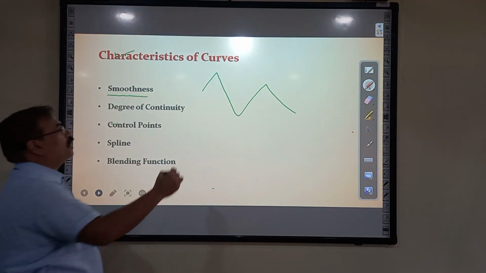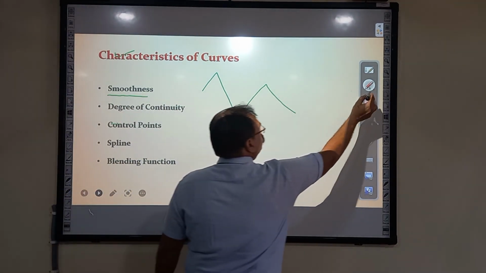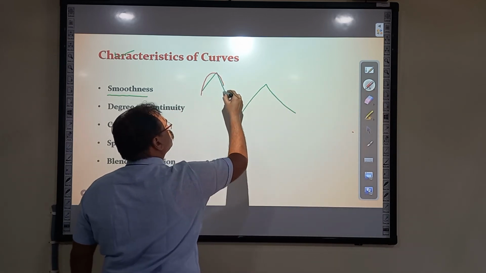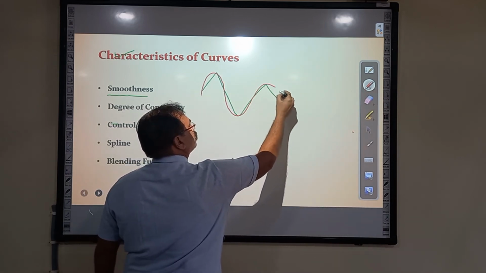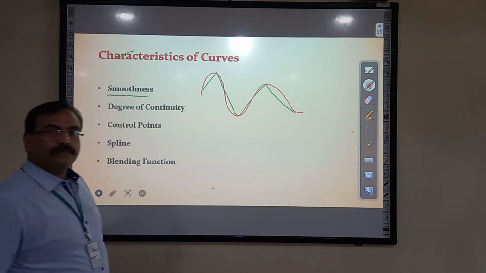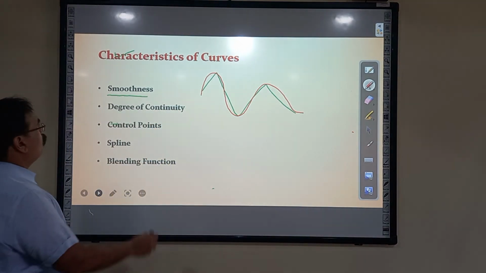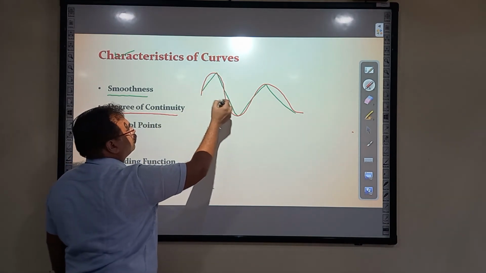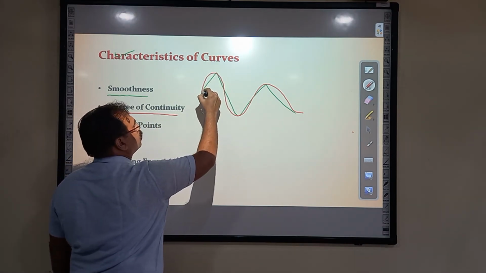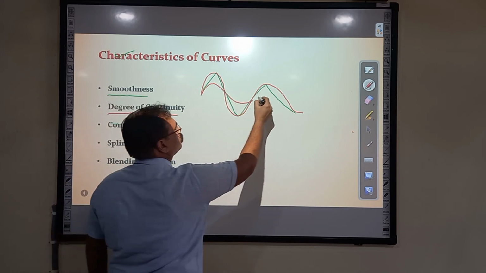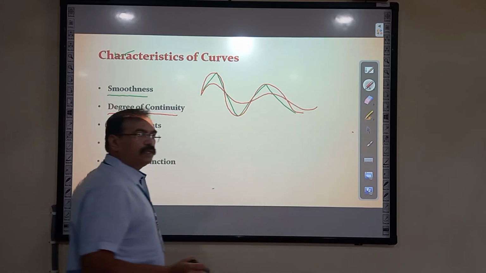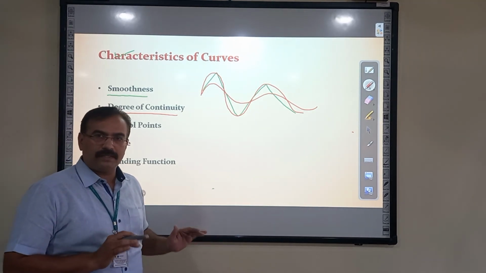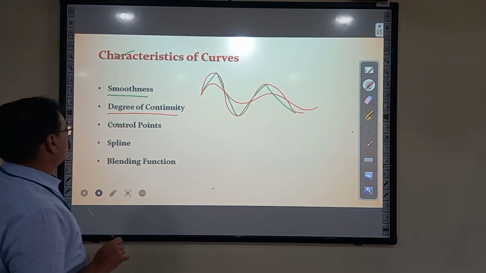Okay, it should have proper smoothness every time. Okay, there must be a degree of continuity. Here I have taken the deeper side, or it can be of this type also. Okay, this degree of continuity will be the part of the expression which we are defining for designing the curve.